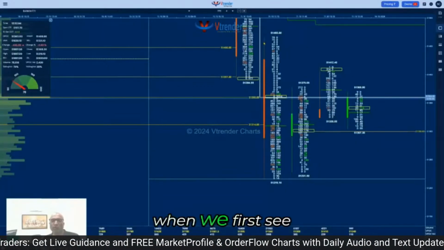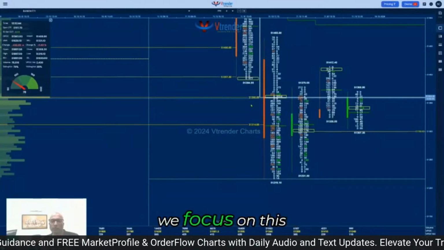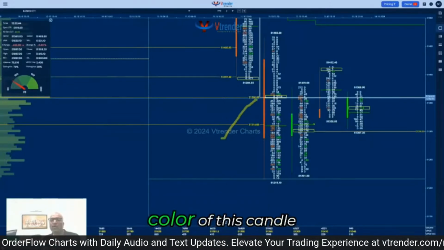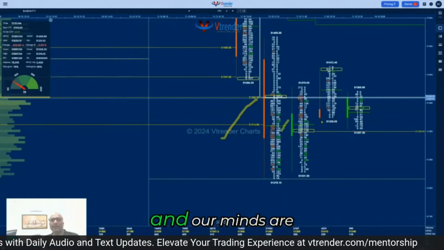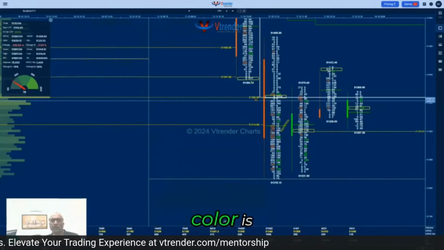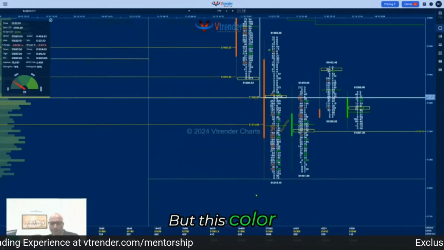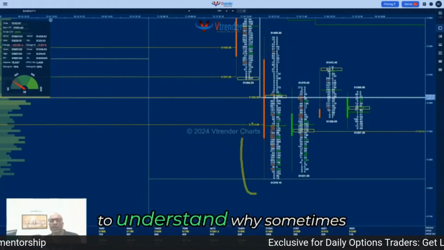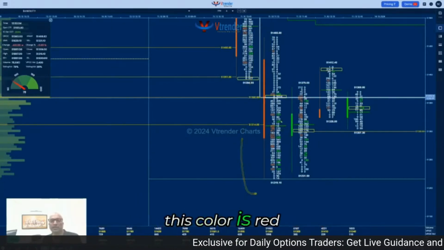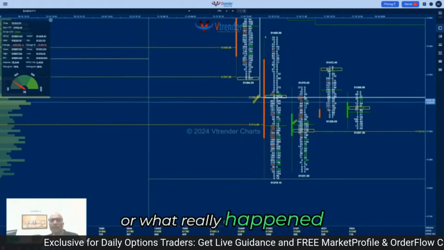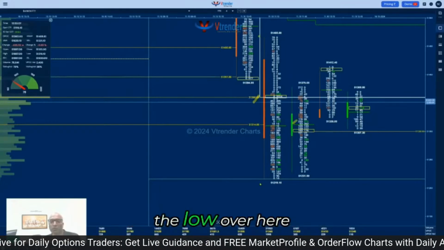A lot of us, when we first see an order flow chart, we focus on this candle. We focus on the color of this candle, and our minds are actually programmed to just look at what this color is. But this color, we have to just put it aside for some time and try to understand why sometimes this color is red and why sometimes this color is green, or what really happened between the high and the low over here.